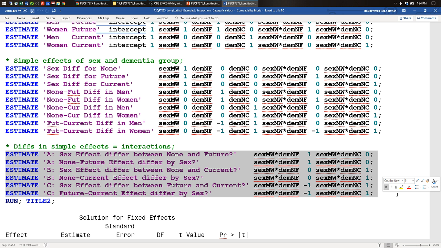The third one is not going to show up anywhere in my output unless I ask for it, but it is still in the model. It's whether the sex effect differs between future and current, the 2 alternative groups, or whether that alternative group difference differs by gender. And that's the -1,1 coding to contrast between the non-reference groups that we've seen a few times now.